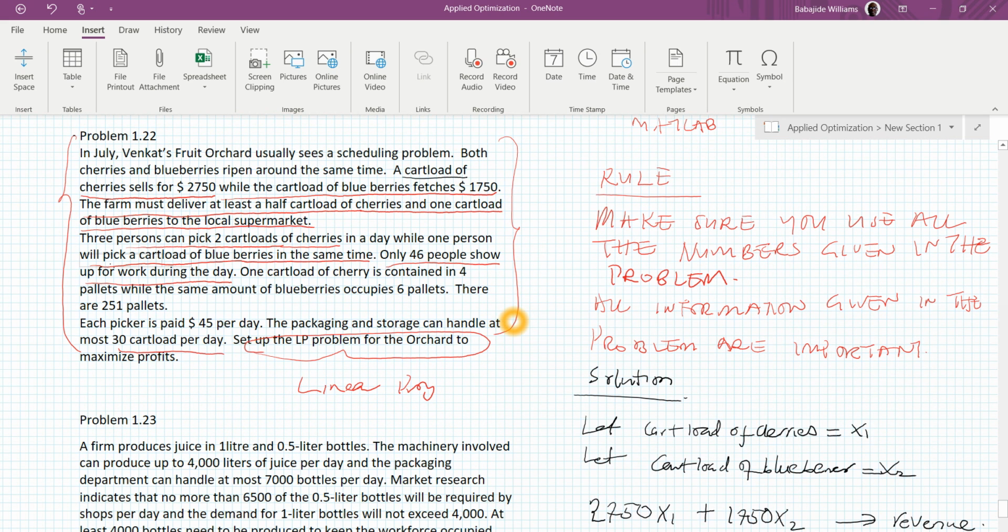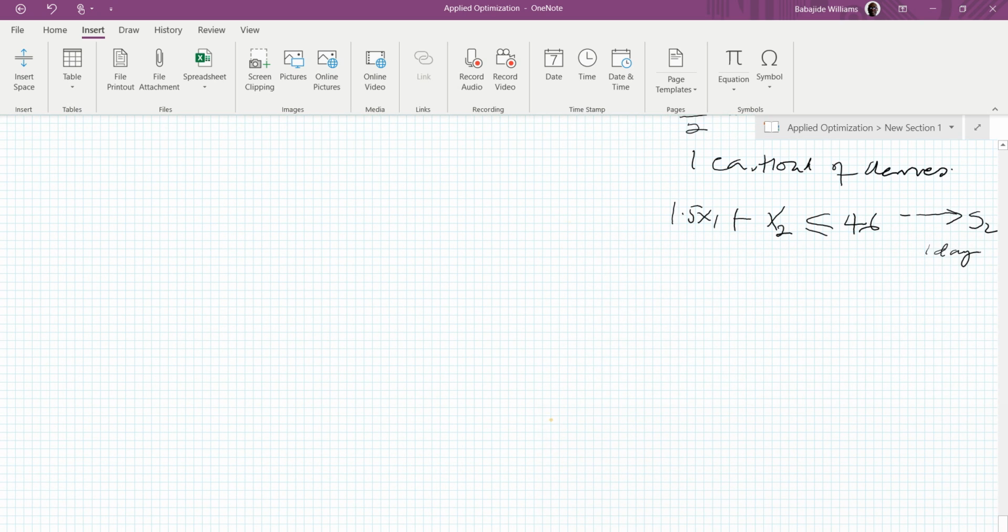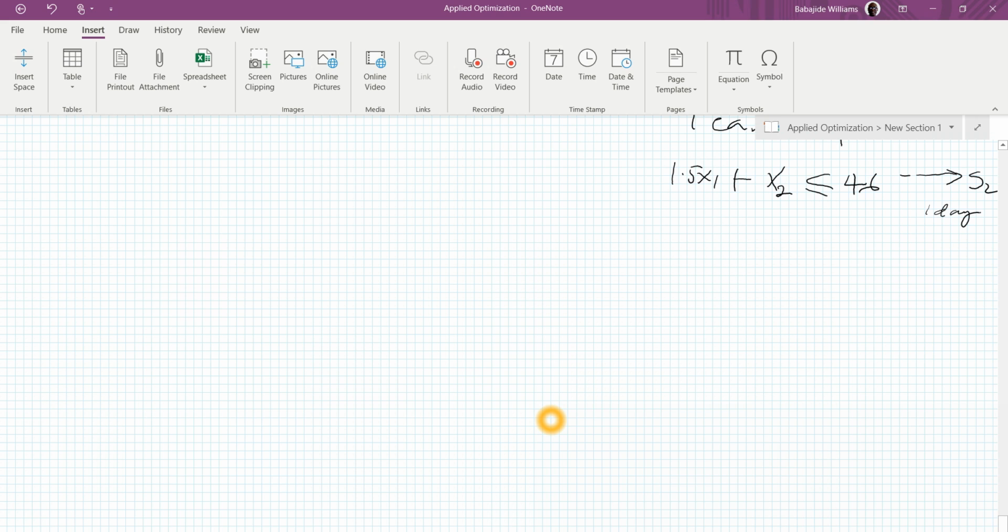Now one cartload of cherry is contained in 4 pallets, while the same amount of blueberries occupies 6 pallets. And it says there are only 251 pallets. If we need to know the number of pallets used per day, all we need to do is use the constraints given to us.